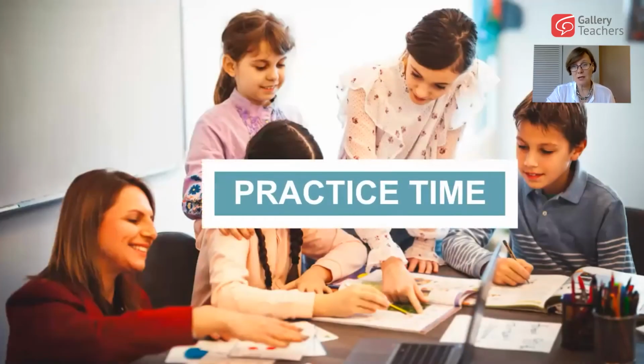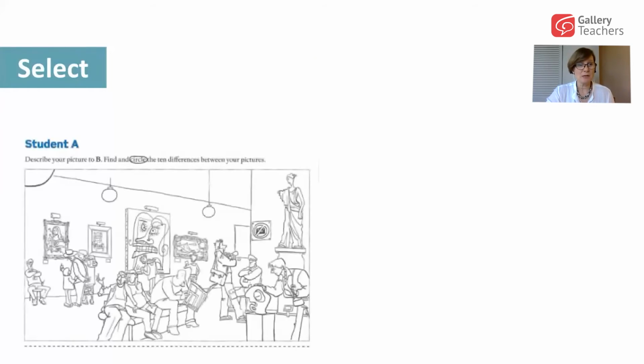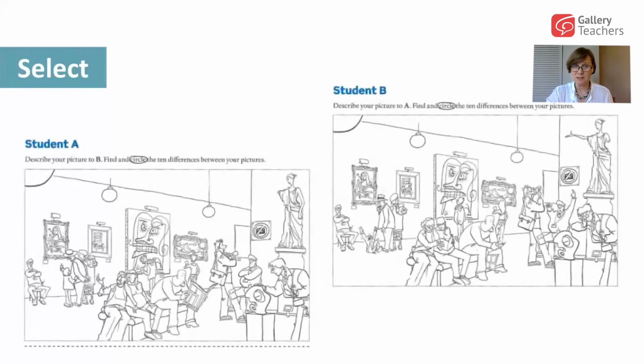All right, now let's have a look at how we can apply these rules in real life. The first step was to select the activity. Okay, so this is the activity that I selected. This is an information gap activity from New English File Pre-Intermediate.